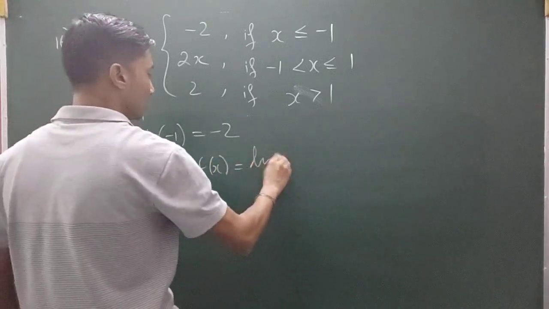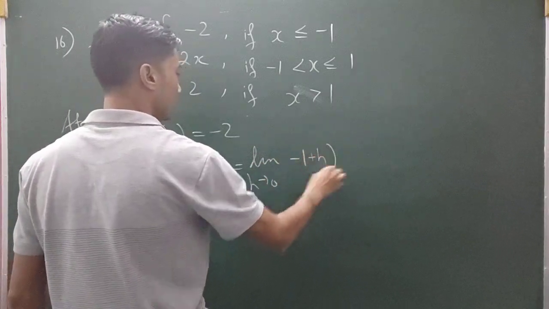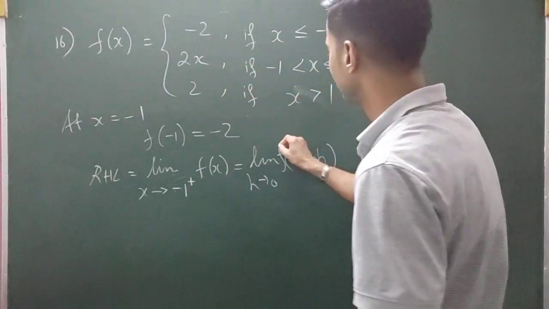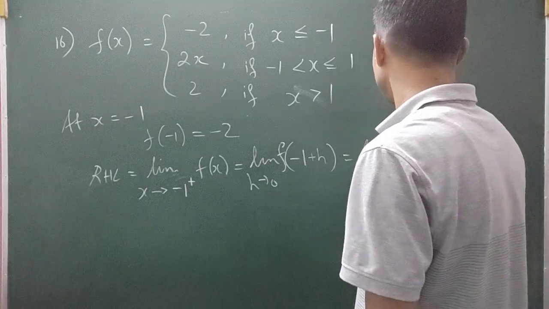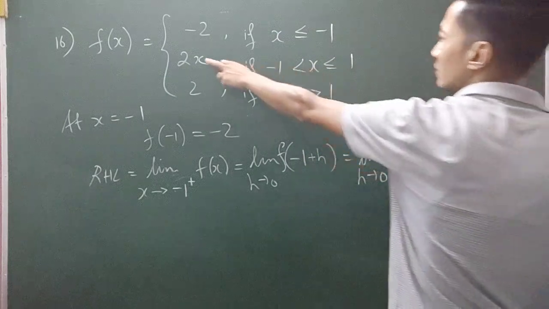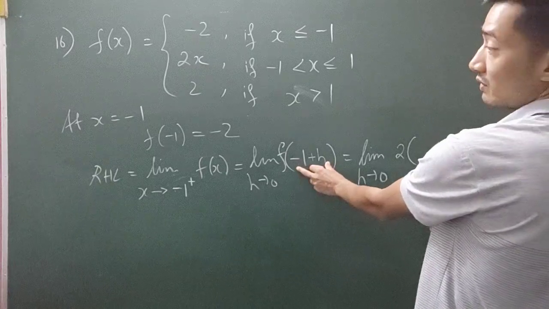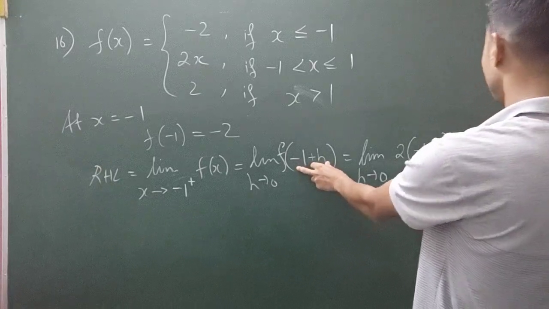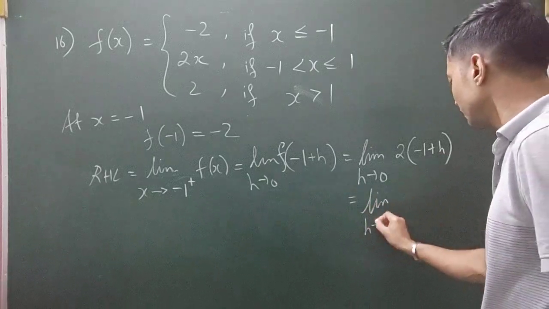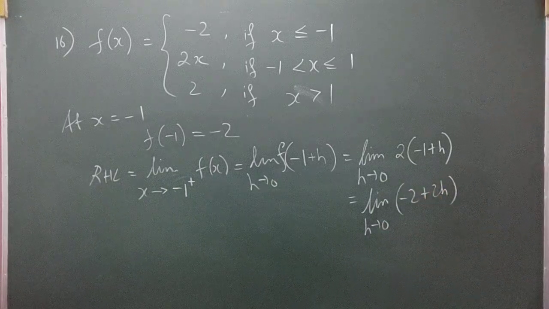So that is the limit as h tends to 0 of f of minus 1 plus h, slightly greater than minus 1, which would be 2x. Our variable here is minus 1 plus h. So this value is the limit as h tends to 0 of minus 2 plus 2h. If you remove the limit now, h equal to 0, what do we have?